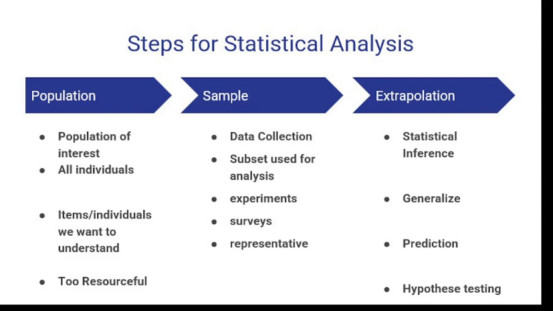From there, we identify our population, the group we care about, and take a sample that is small enough to handle but rich enough to represent the whole population. That means the sample should represent the whole population, but it should be small enough to avoid costs, for instance.